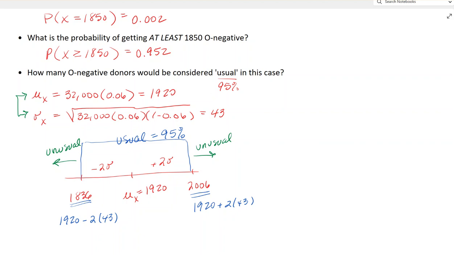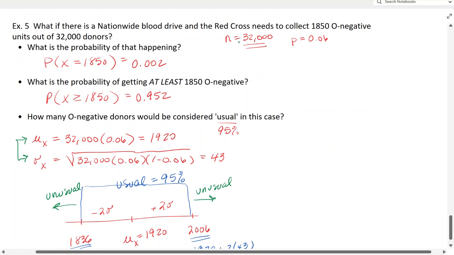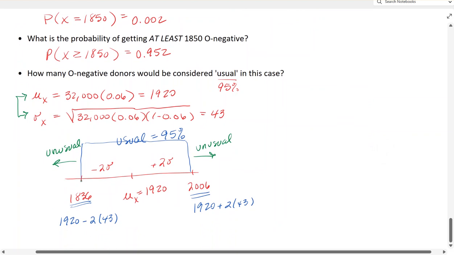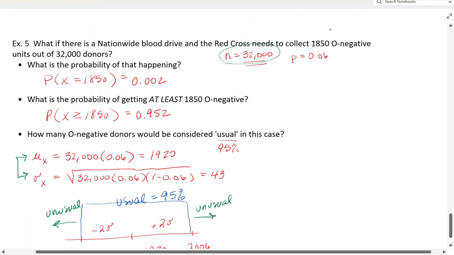And this is an important question to be able to answer, because if you are, let's say, working for the Red Cross and you know that you can consistently get 32,000 donors from a nationwide blood drive, then if you have a minimum number of O negative donors all the way up to a maximum number of O negative donors that you can expect to happen, then that tells you whether or not your goal of collecting some number is going to be achievable.